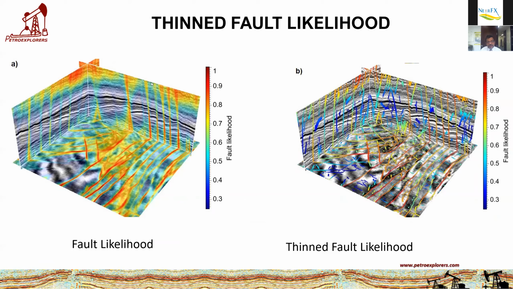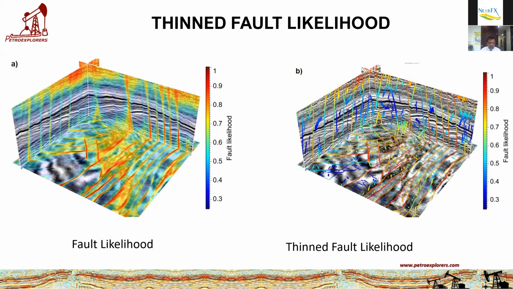You can see the fault likelihood, but it is a swarm; the area of likelihood is much wider than the single thinning of the fault. So they did a fault likelihood, and then from the fault likelihood they created a thinning process. The thinning process reduces the number of samples of the fault likelihood to one.